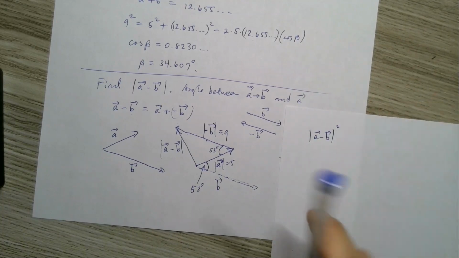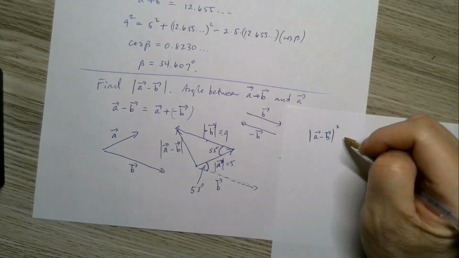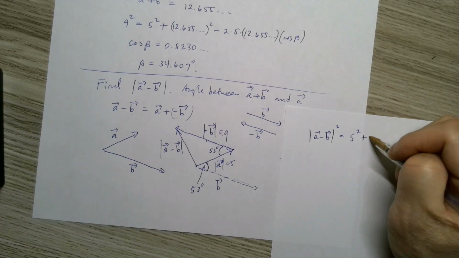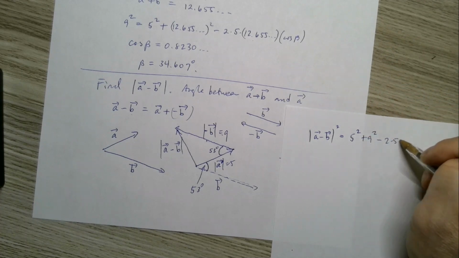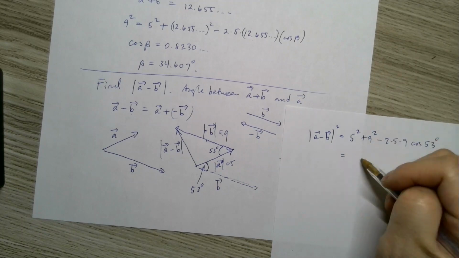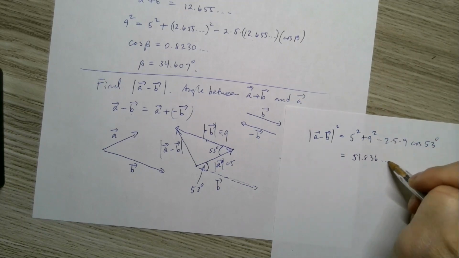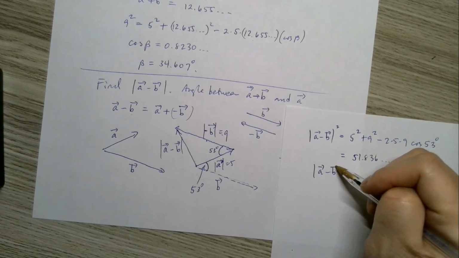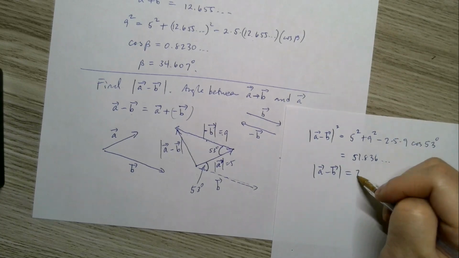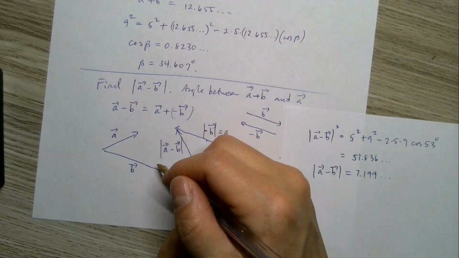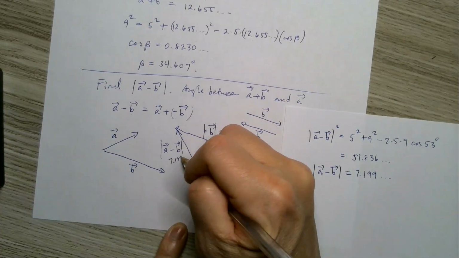So that side squared will be 5 squared plus 9 squared minus 2 times 5 times 9 times cosine of 53 degrees this time. And that's going to turn out to be 51.836, etc. We take the square root of that, and the magnitude of a minus b is 7.199, etc.